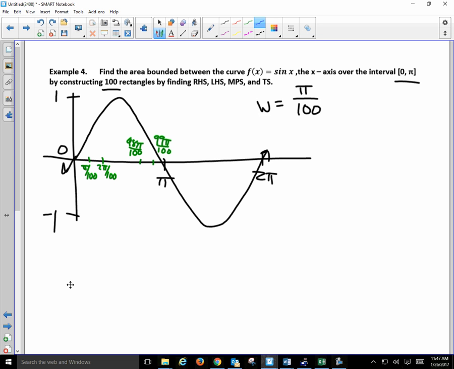We take the width, and we multiply it by the sum of the heights. Now, the width was no problem, was it? But adding up the heights, we're going to use an algorithm that I've kind of put together for your calculator, and it's going to make it a lot quicker. We multiply by sum. So that's a command that we're going to use in your calculator. And then we're going to create a sequence.